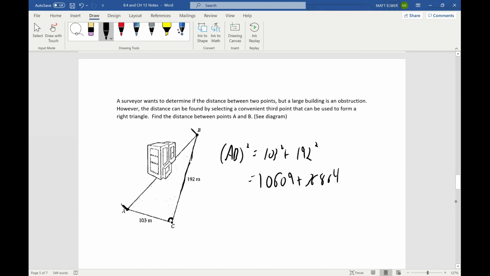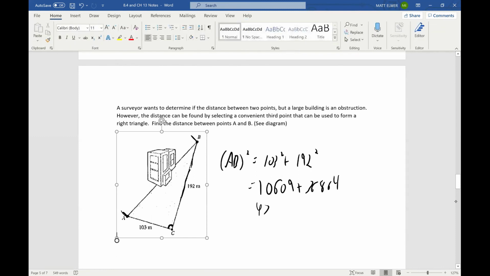Add those together, and we get 47,473. Then we can take the square root on both sides.